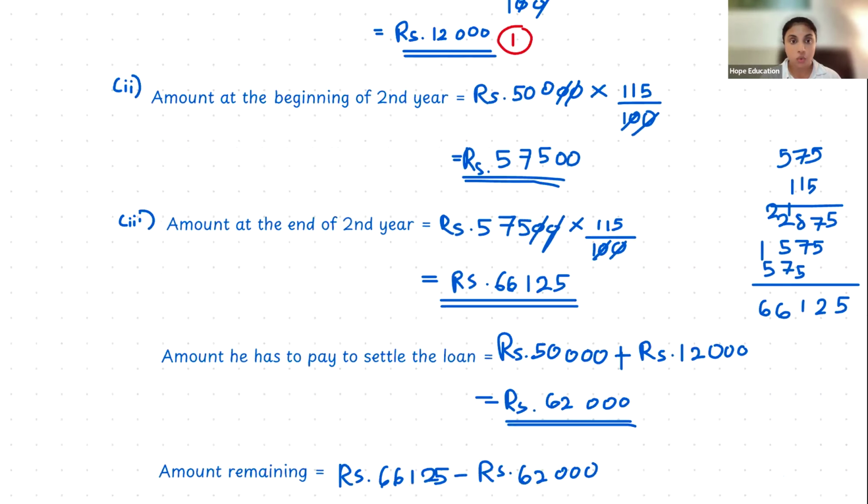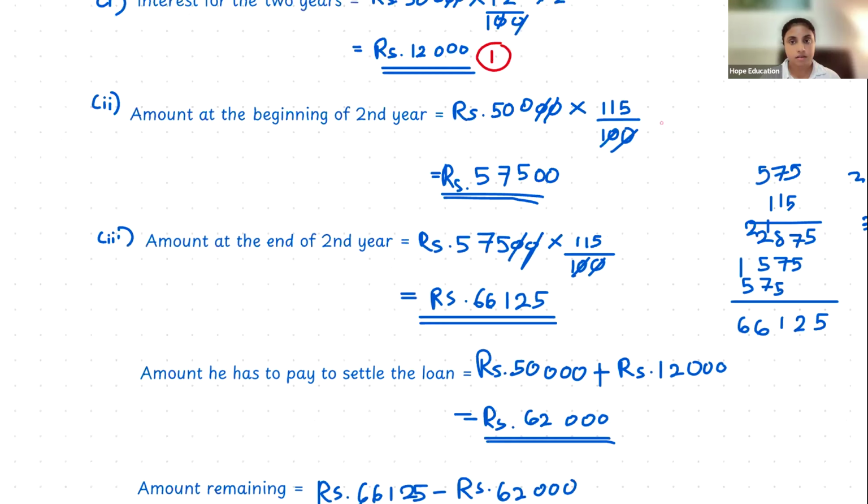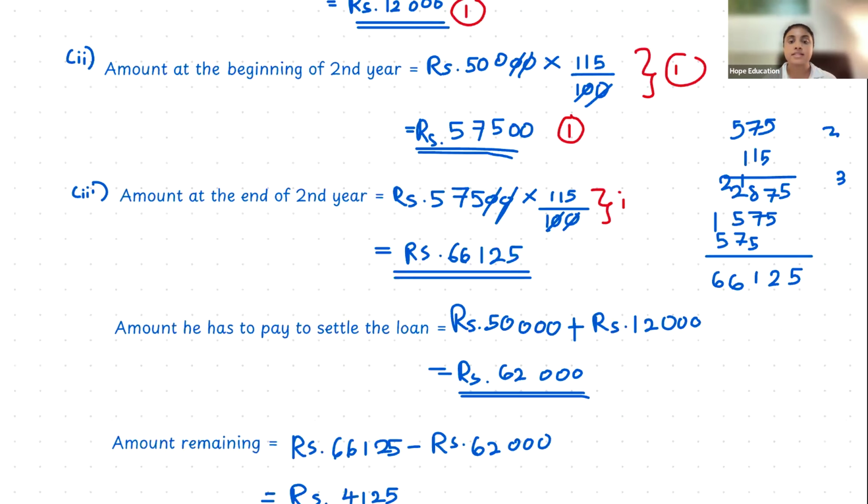Then for the Roman number 2, for this multiplication, 1 mark. For getting the answer as 57,500, 1 mark. Okay. Roman number 3, again for this particular calculation, 1 mark. For getting 66,125, 1 mark.